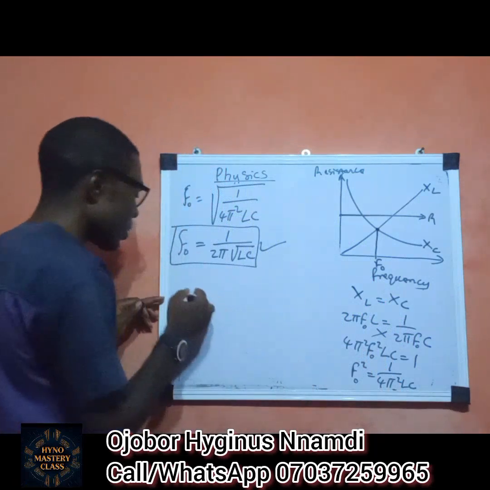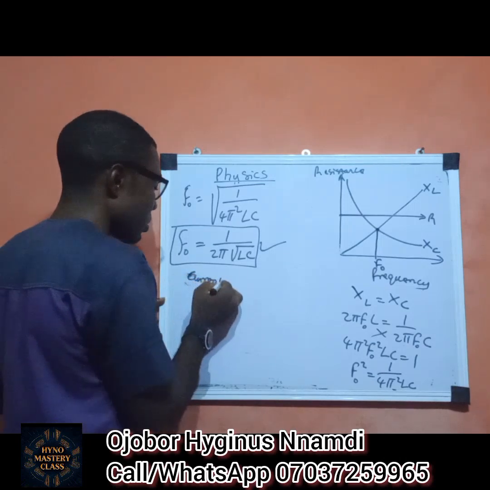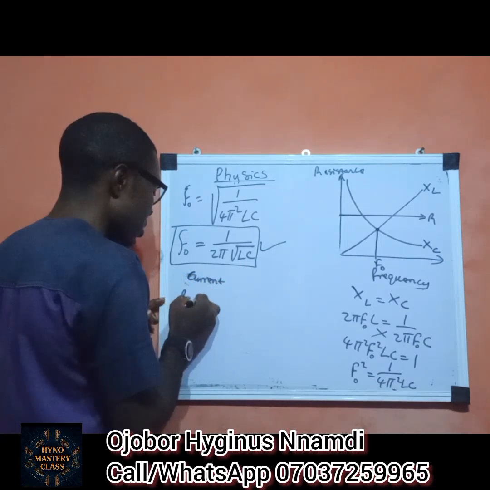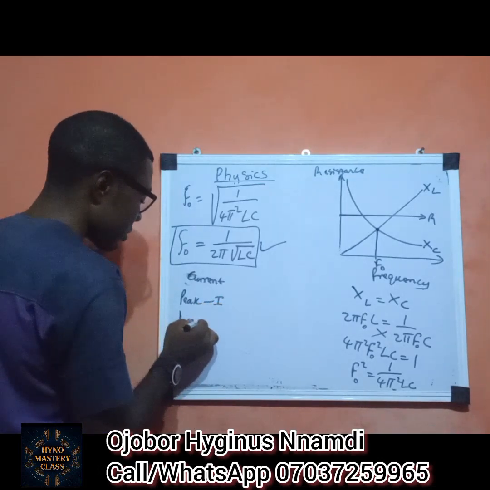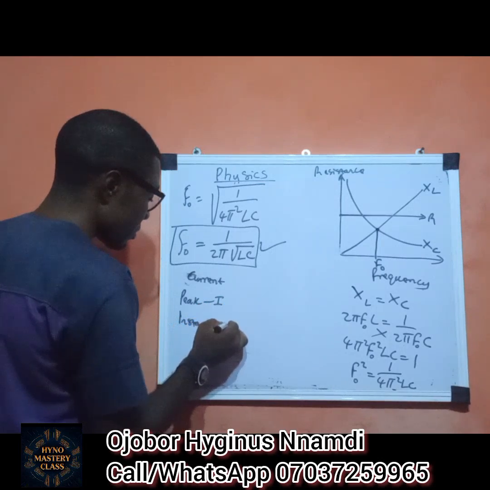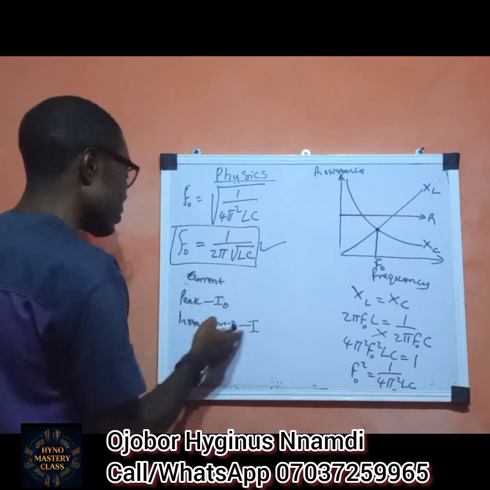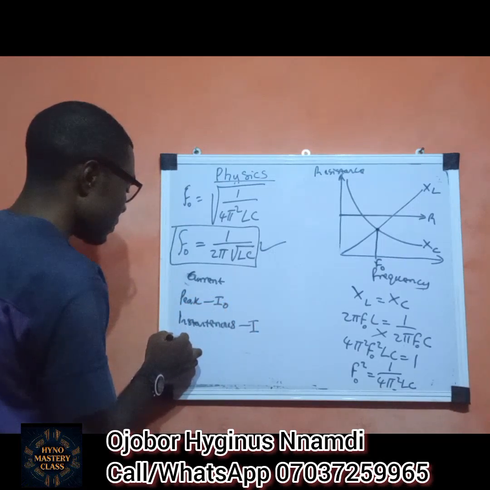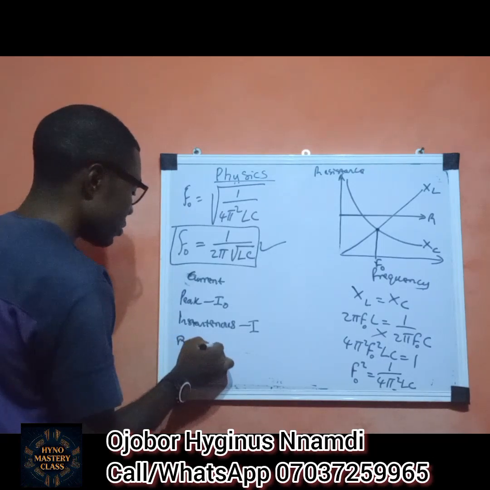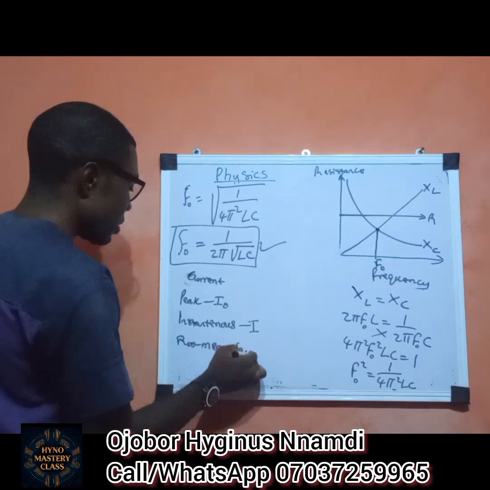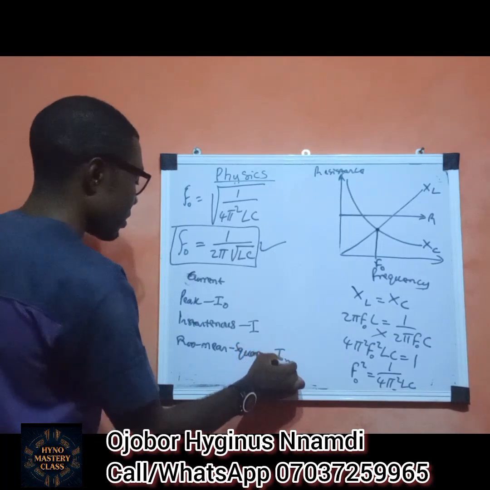what we call peak. Let's say for current, we have peak current represented with I naught, instantaneous current represented with I, and then root mean square current represented by I RMS.